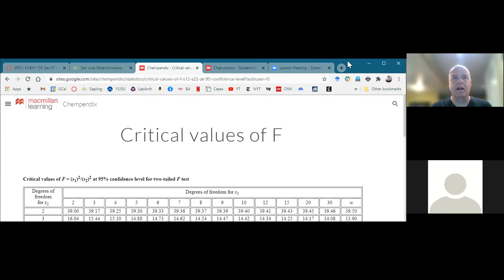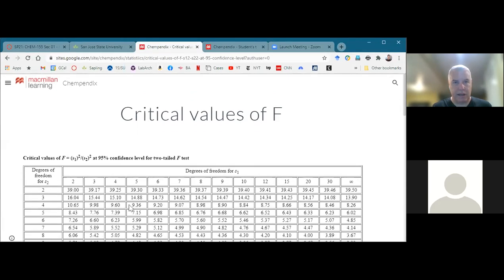Student A analyzed 6 times. Student B analyzed 5 times. So there's 5 and 4 degrees of freedom, right? And so the 5, 4 value of F is going to be 9.36.